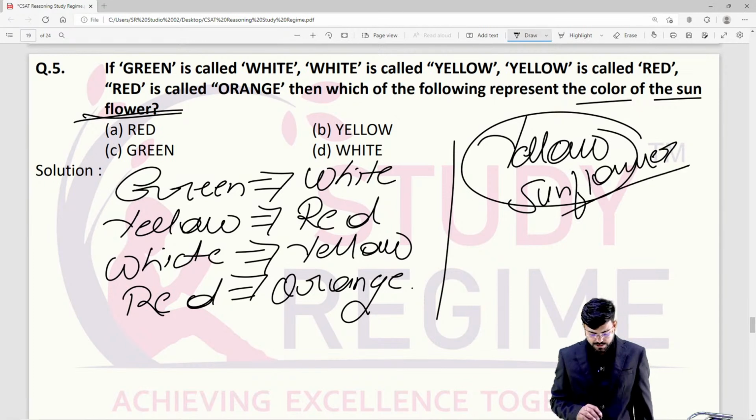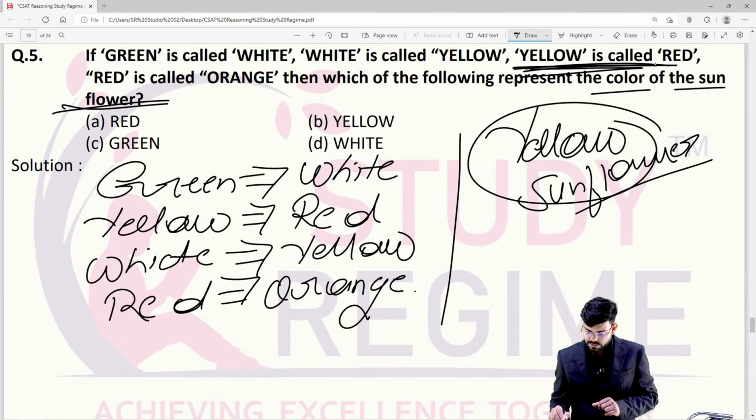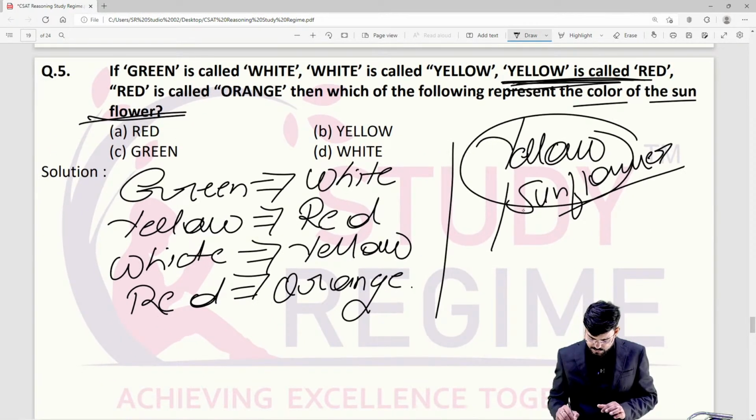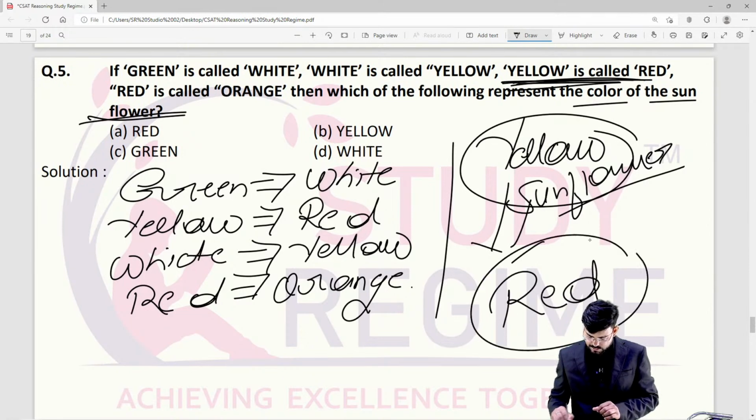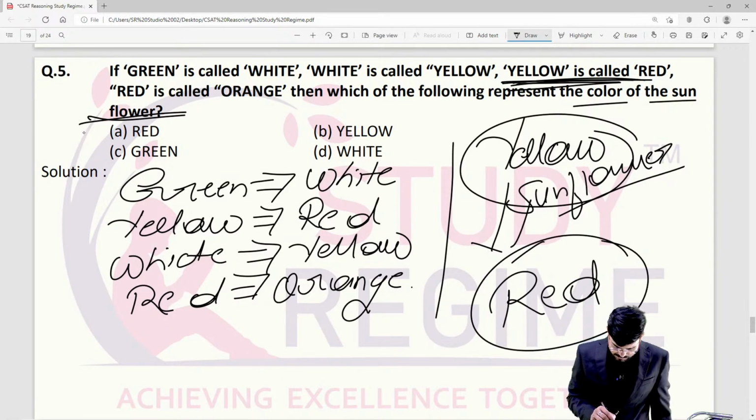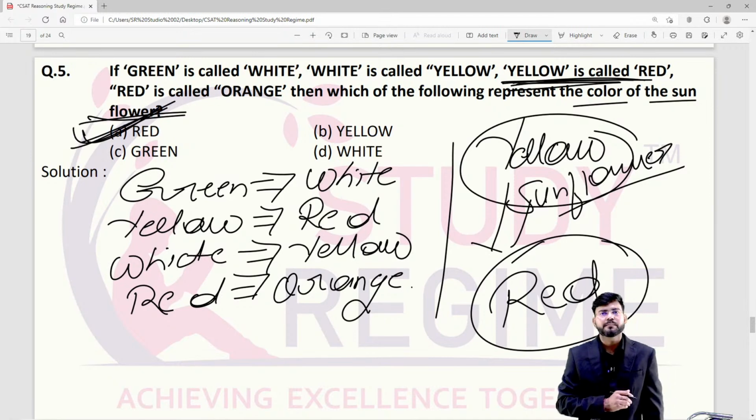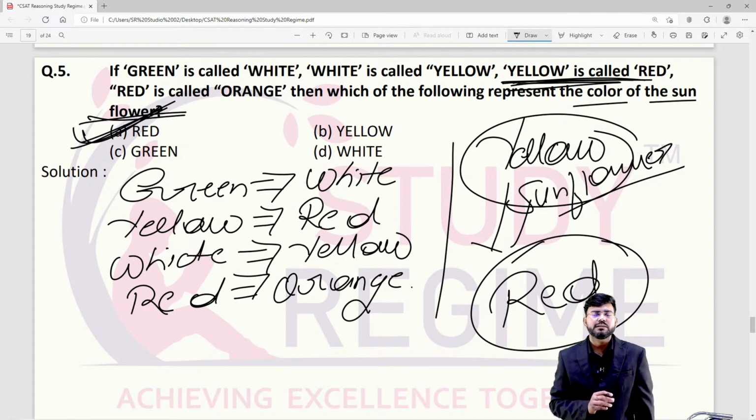But here in this question, yellow is called as red. So your answer will be red. That is 4/5 first part. Clear? Yellow is called as red. Very easy questions. You have to do like this.